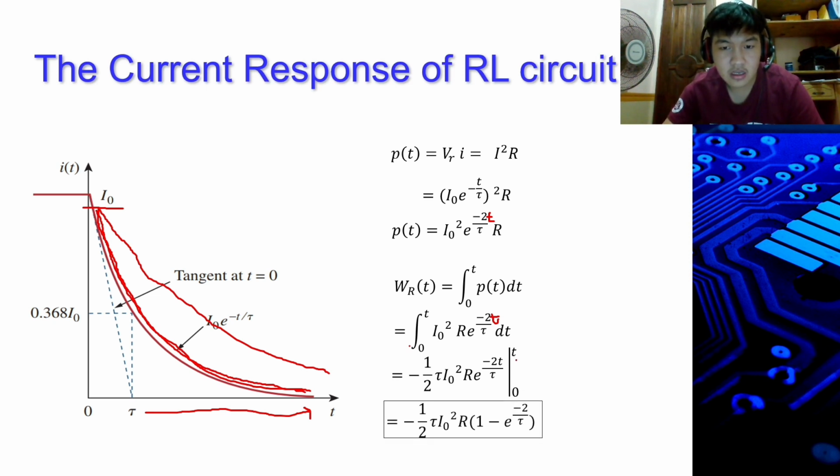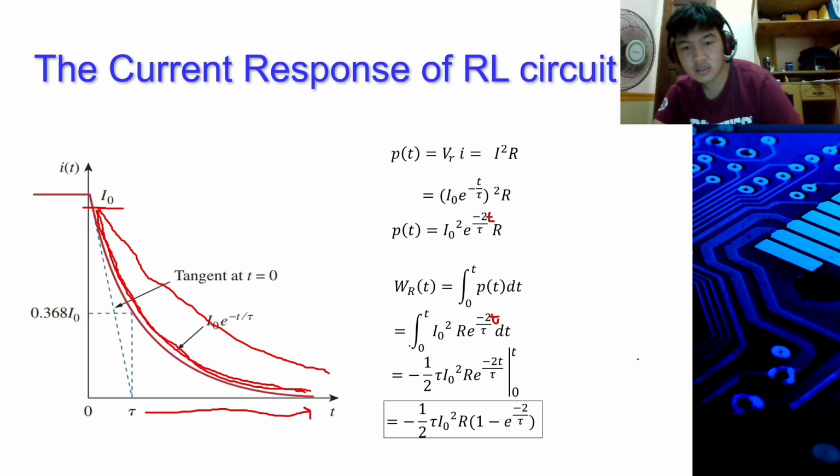Okay, then we simplify it further. You can get negative 1 over 2 tau I naught squared R times 1 minus e raised to negative 2t over tau.